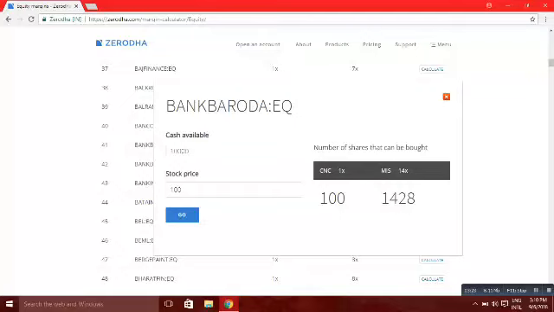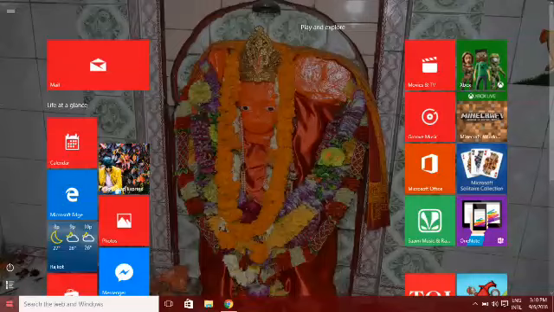If you have 1 lakh, and the stock price is 100, for intraday you will get 14,000 shares of Bank of Baroda equity, and for cash and carry you are getting 1,000. That is 14 times your capacity. So let's go for the calculator, so that we get to know how much profit we can earn.